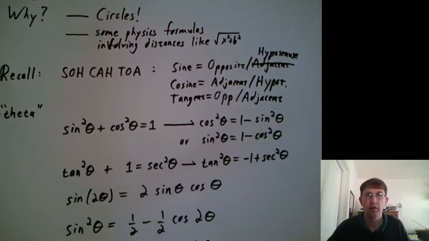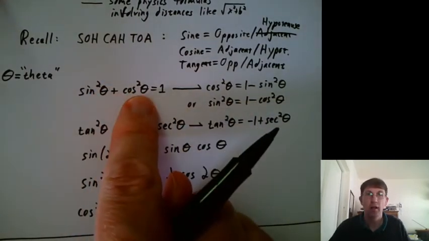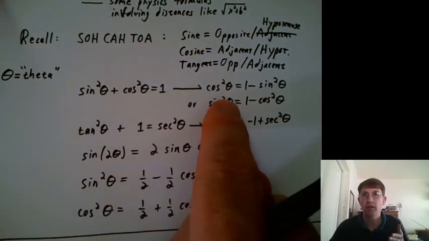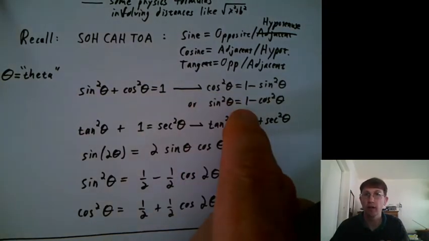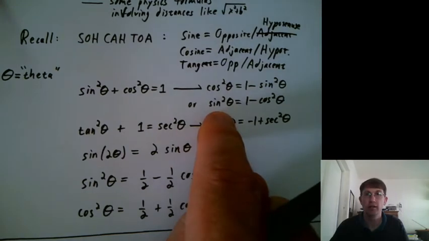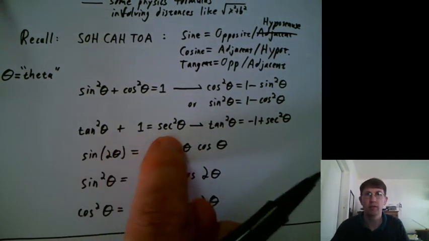And some of our favorite trig identities are sine squared plus cosine squared equals 1, which we often reformat to say if you have something like 1 minus sine squared, that's cosine squared, or if you have 1 minus cosine squared, that's sine squared. We also sometimes use tangent squared plus 1 equals secant squared.